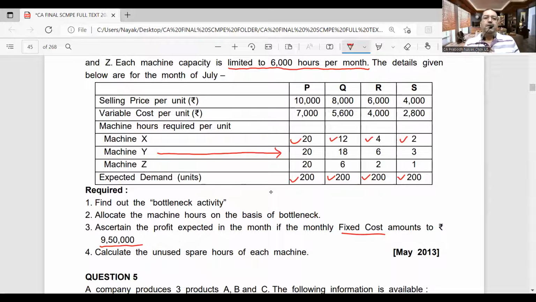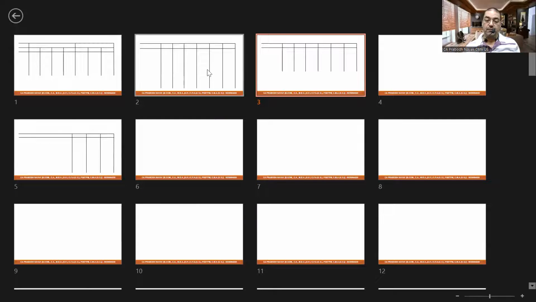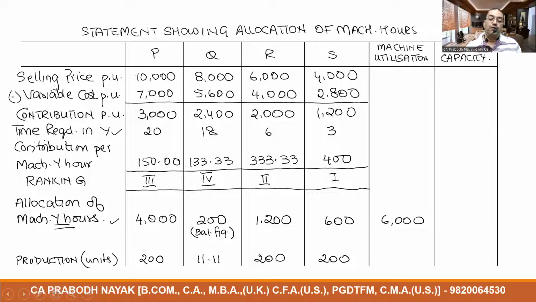So what we will do, we'll calculate contribution per unit of each of the 4 products. Take the total, multiply by the number of units that we are going to actually produce. That is 200 of P, 11.11 of Q, 200 of R, and 200 units of S. The production units calculated by us are multiplied by contribution per unit, which we have already calculated: 3,000, 2,400, 2,000, 1,200.